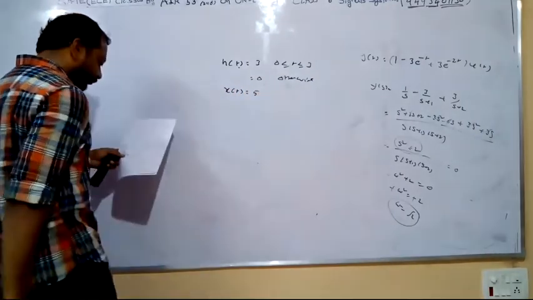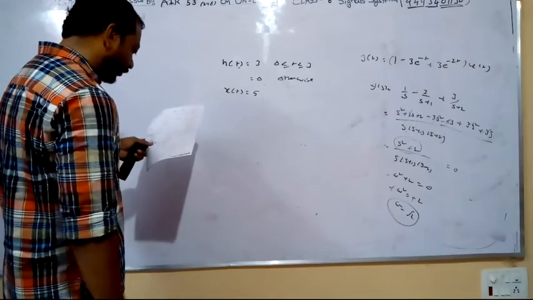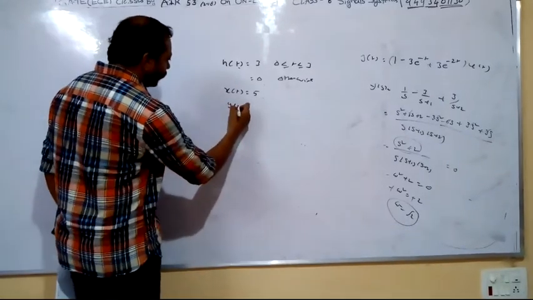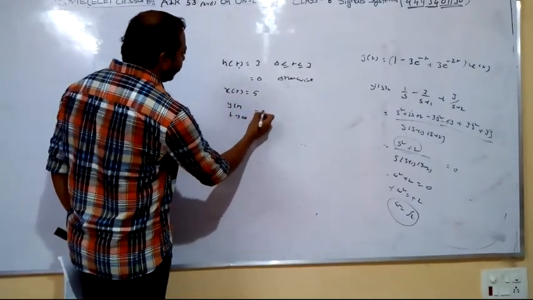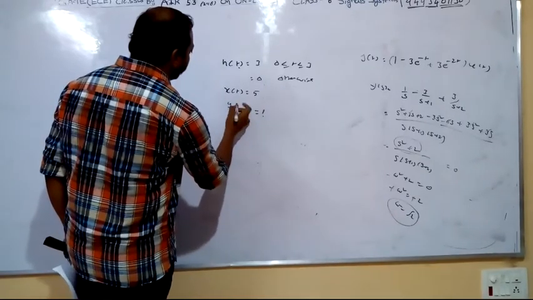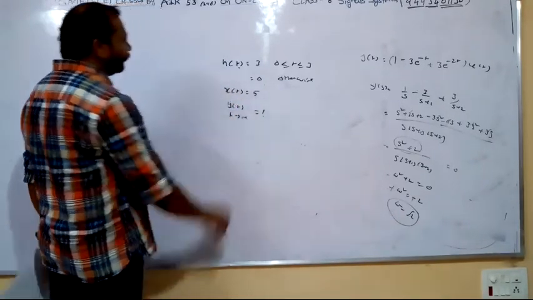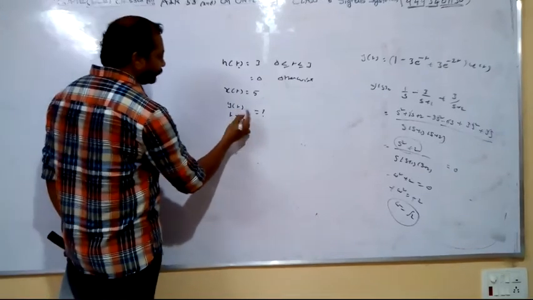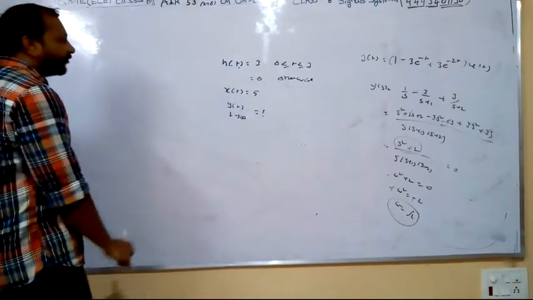The input x of t is equal to 5. Then y of t as t tending to infinity is equal to how much?